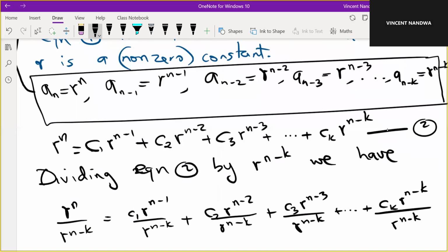That division is justified because r is non-zero, and so any power of r is a non-zero number. So division by non-zero numbers is allowed.